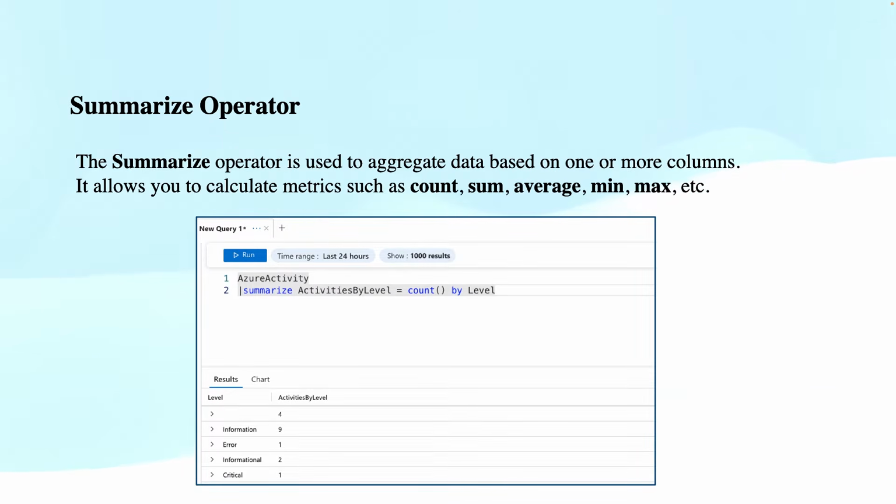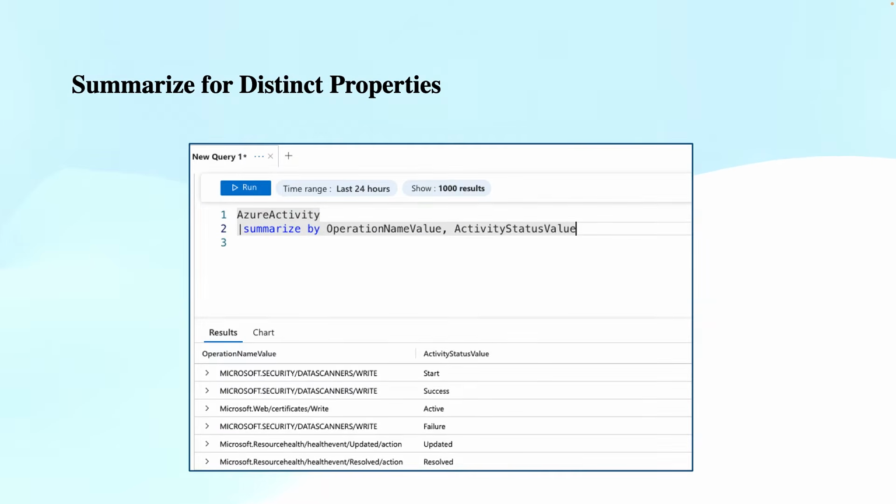By level is a new property that has been created, and the function that has been used is count, to count by level. So actually the level property has some data like information, there are 9 logs, error there is 1, information there are 2. So we have done the aggregation of this data by specific properties. It was by the level property that has been done in this example.